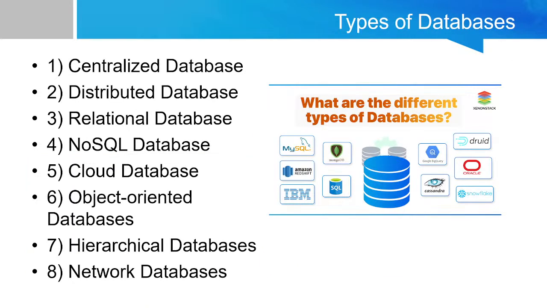Next, we have the types of databases: centralized databases, distributed databases, relational database management systems, NoSQL database management systems, cloud databases, object-oriented databases, hierarchical databases, and network databases. Starting with the centralized database, it allows users to access the stored data from different locations through several applications.